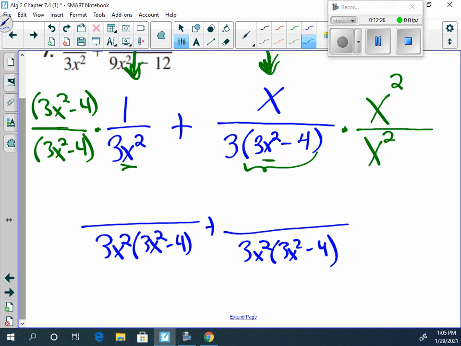So the denominators don't change because they're going to be the same, because we can't do anything if they aren't. Now we can multiply the numerators. Well, 3x squared minus 4 times 1 is 3x squared minus 4.